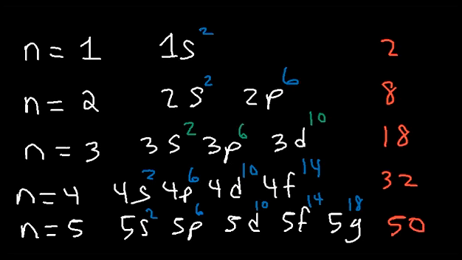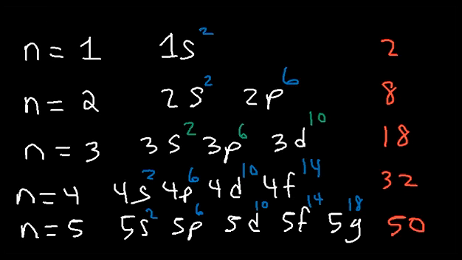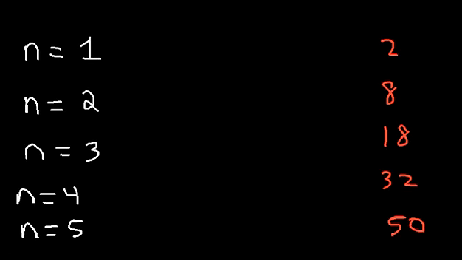So is there an equation that relates the energy level to the maximum number of electrons that can occupy the energy level? It turns out that there is. The equation is 2n². 2n² represents the maximum number of electrons in a given energy level.